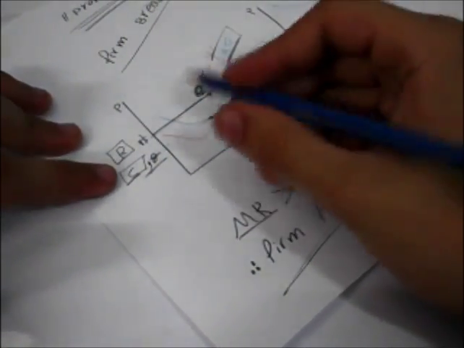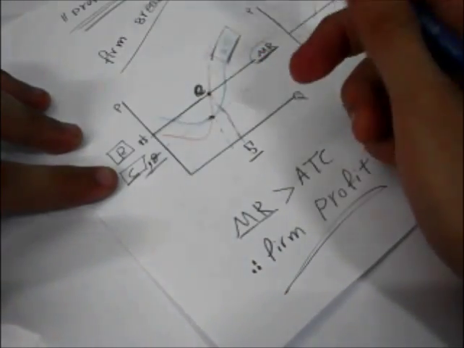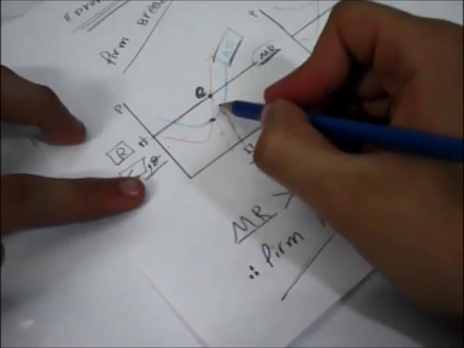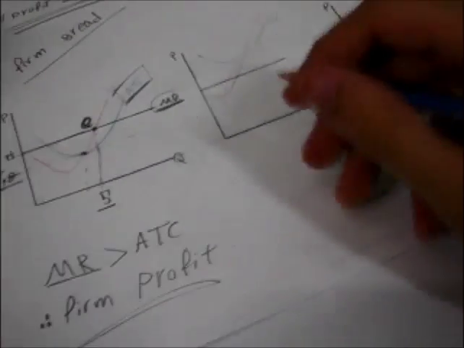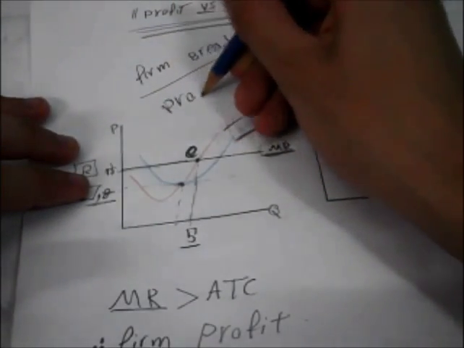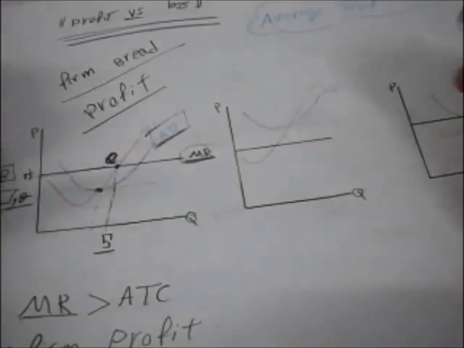So the firm is getting $1 and its cost is 80 cents. So it's making profit, it's not losing. Let's take it from the other side. This is scenario number 1.